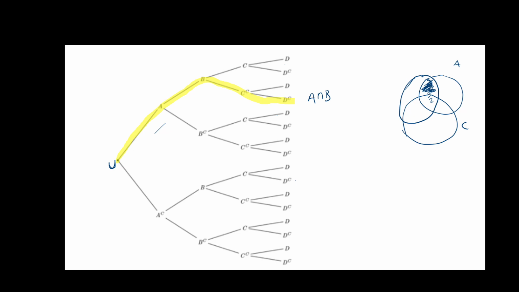This is too much for a Venn diagram, but I just want to show you that the sequence is the intersection between the sets. So A intersect B, intersect not in C, intersect not in D. Venn diagrams, when you put more than 3 sets, get complicated, and that's why we will use trees.